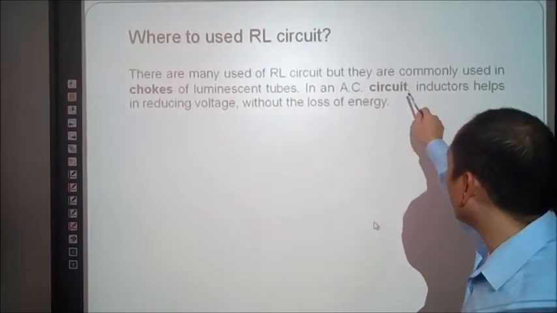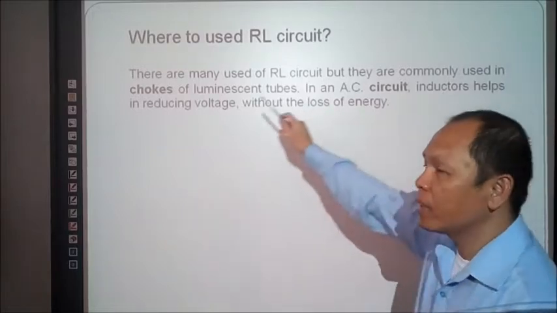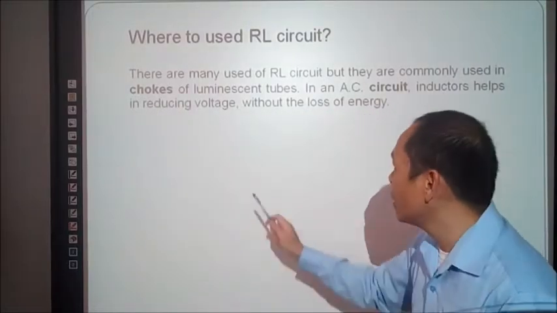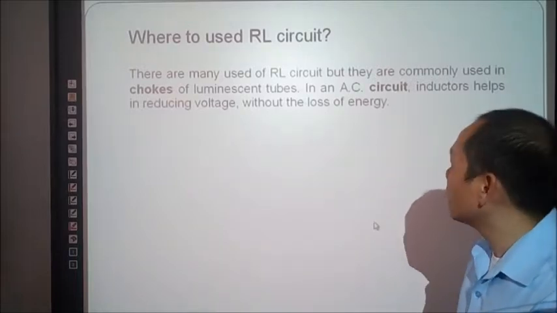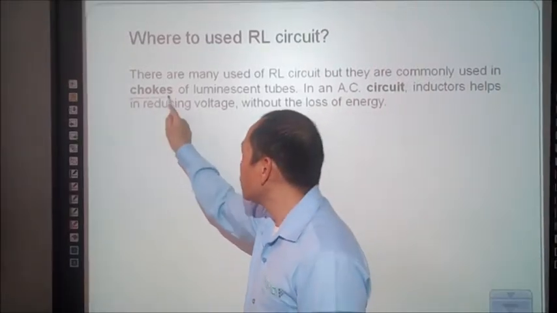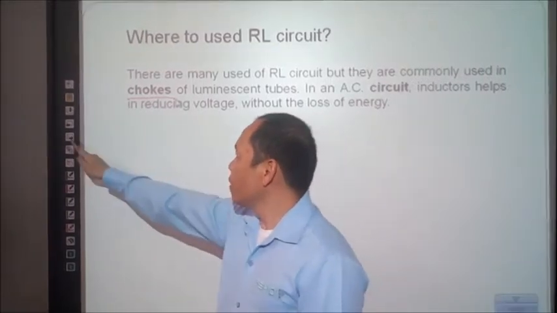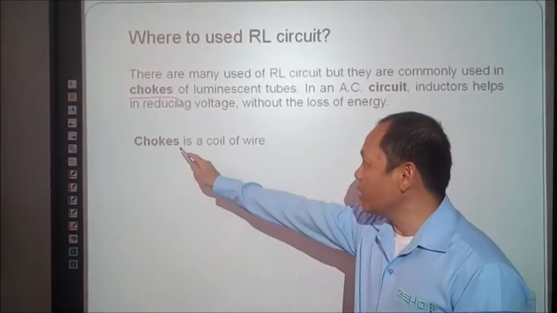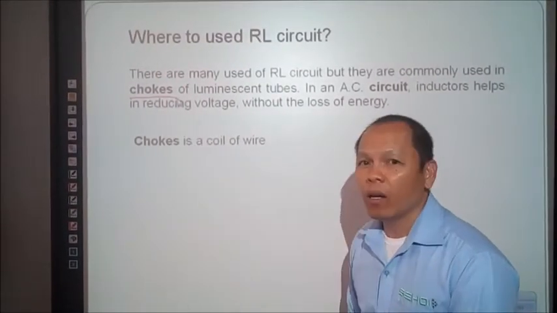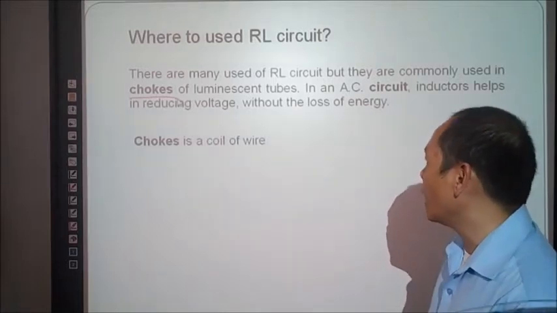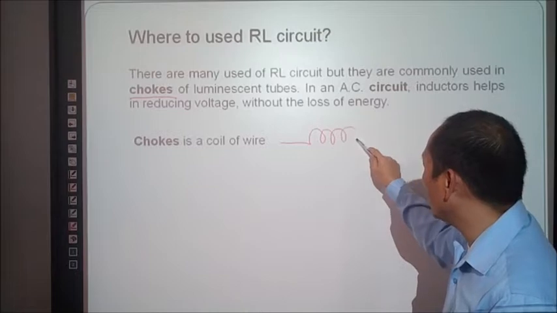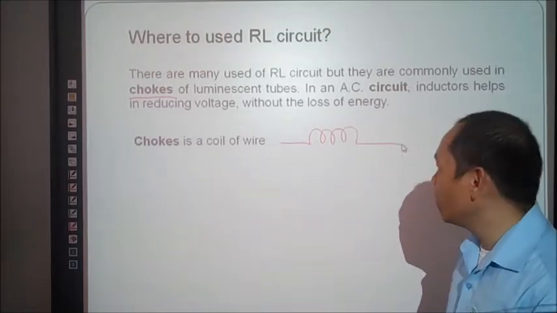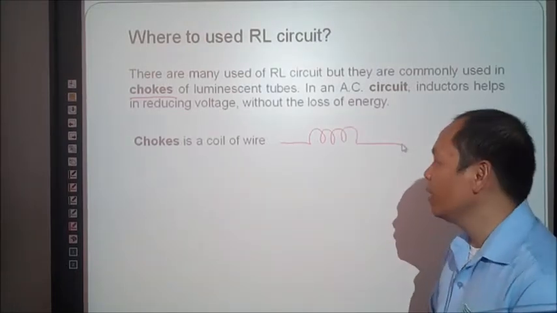In an AC circuit, an inductor helps in reducing voltage without the loss of energy. So what do you mean by choke? A choke is a coil of wire like this. That is a coil of wire, or they call this one an inductor.